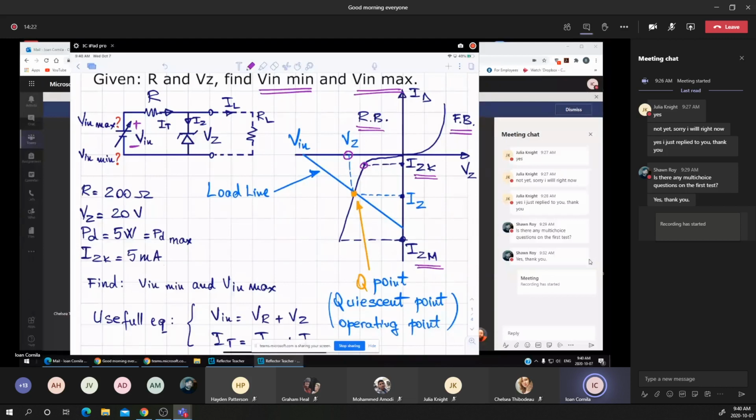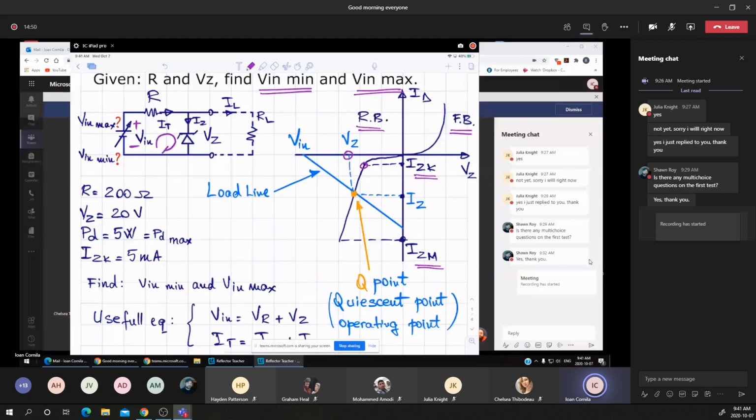In electronics, bias usually means the value of a DC voltage for a device to operate properly. In the same way, we can determine the load line, which can be defined from the KVL applied to the inner loop.